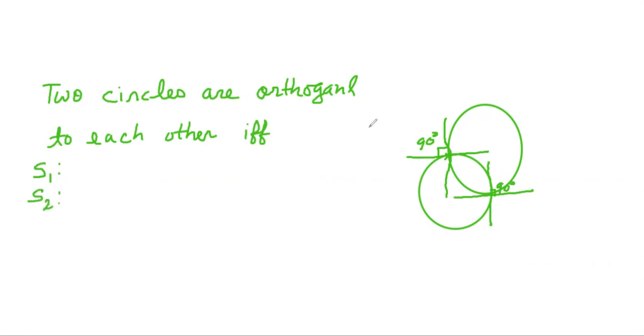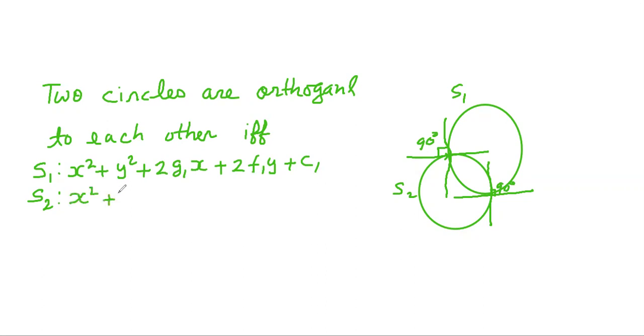You have two circles: one circle S1 is x squared plus y squared plus 2 G1 x plus 2 F1 y plus C1, because for two different circles only G, F and C are different. The second is x squared plus y squared plus 2 G2 x plus 2 F2 y plus C2.